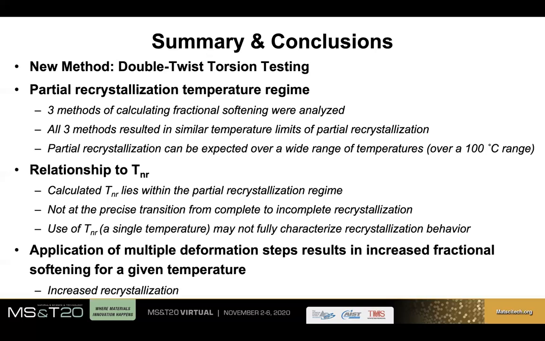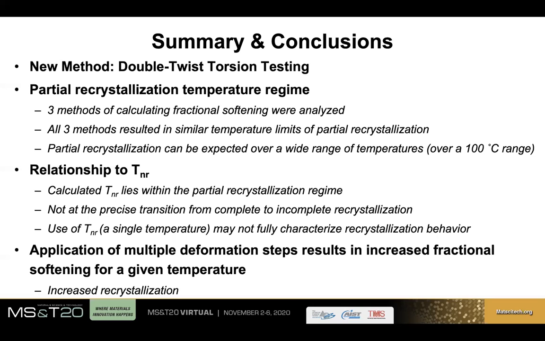And so how does the temperature range of partial recrystallization relate to TNR? Well, the calculated TNR from work by Karen Holmshire lies within the temperature regime of partial recrystallization predicted by the double twist torsion test on the same alloy. So it's not necessarily the precise transition from complete to incomplete recrystallization, but within the partial recrystallization regime.